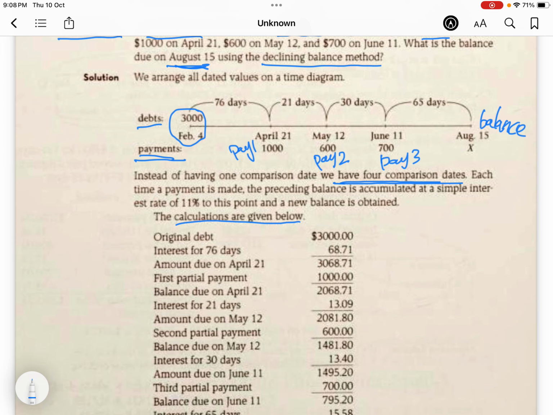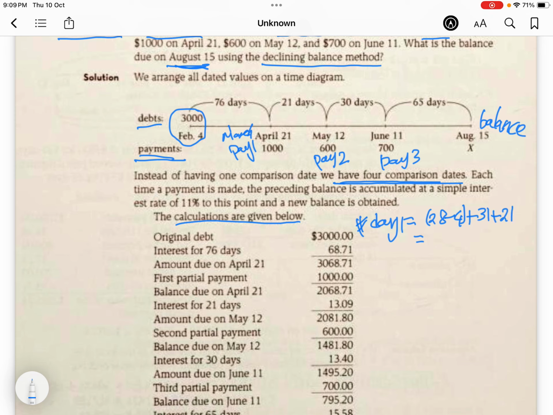Original debit $3,000, interest on 76 days. February, March, day 1, number of days 1: you will have 28 minus 4 plus 31 plus 21.